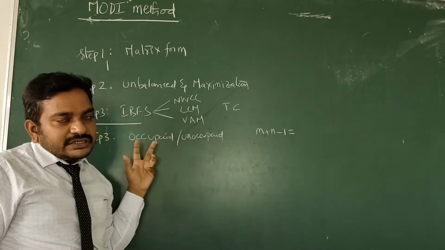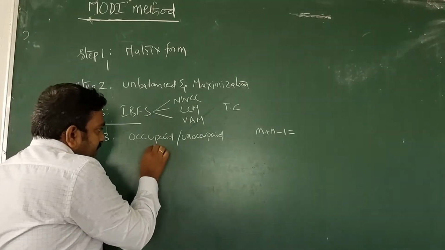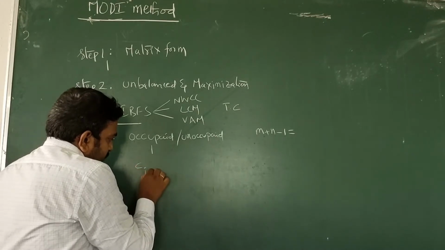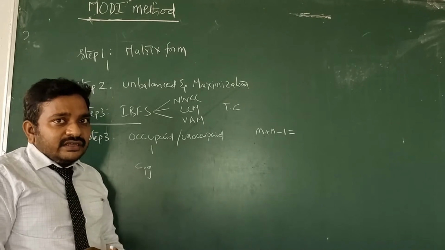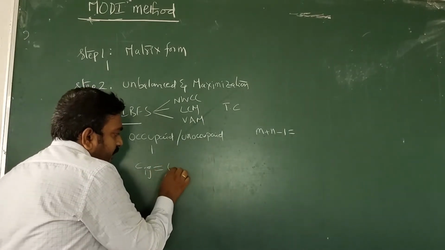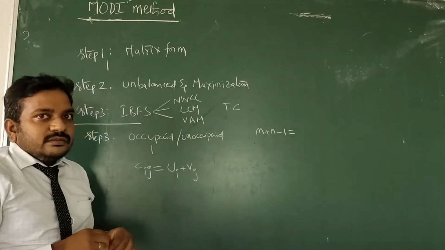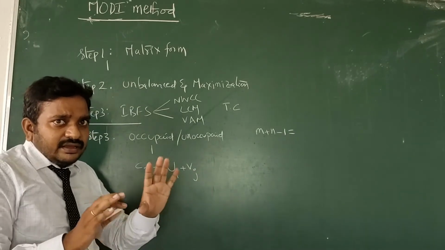Divide the table into occupied and unoccupied cells. For the occupied cells, identify the Cij values. How can I identify the Cij values? Cij values you identify by using Ui plus Vj. But what about this Ui plus Vj value? Let me explain.